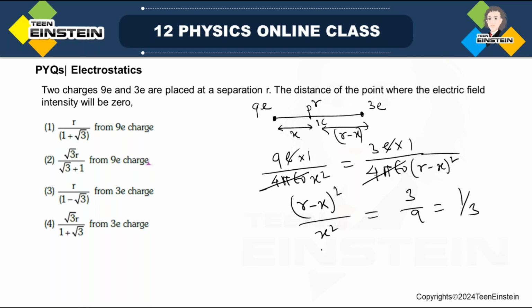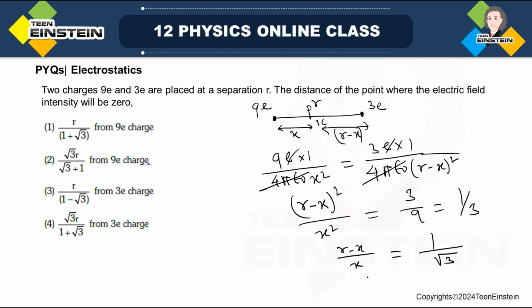Further, I can just take the square root, so (r minus x) divided by x is 1 by square root of 3. All right, so now I have to find out what is this x.